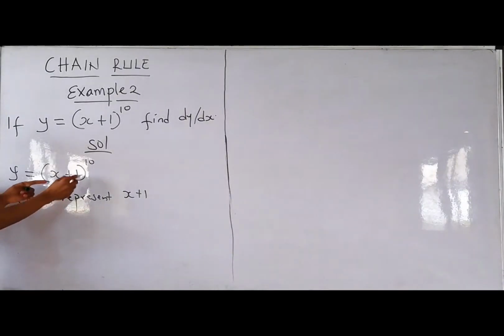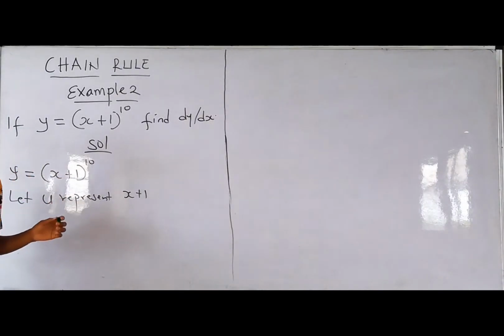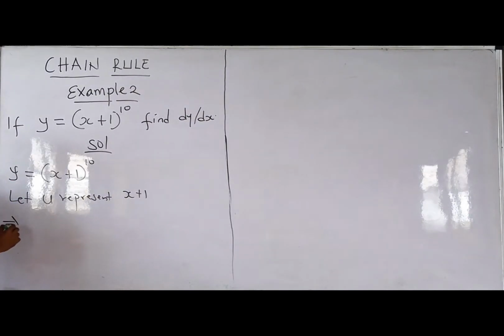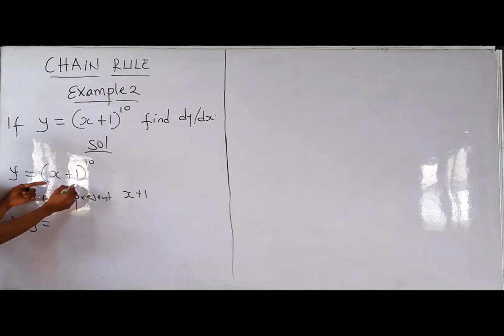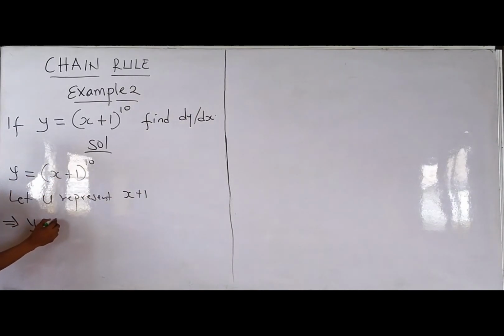So u is equal to x plus 1. Anywhere you see x plus 1 is u. This implies that y is equal to u raised to power 10. Do you understand? y equal to u raised to power 10.